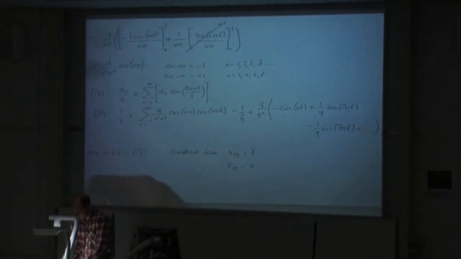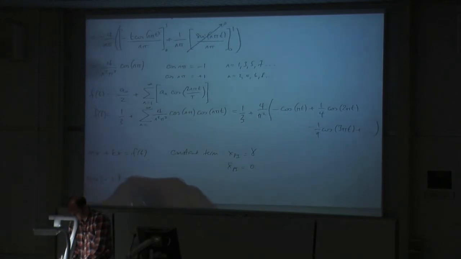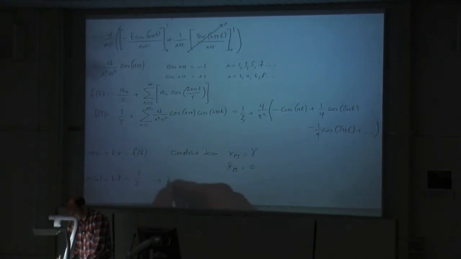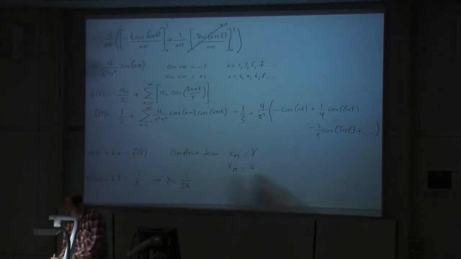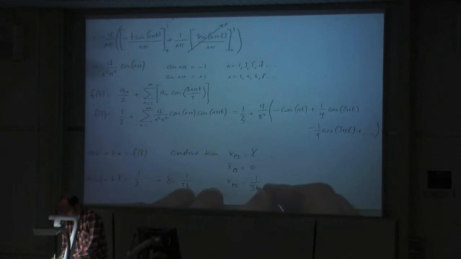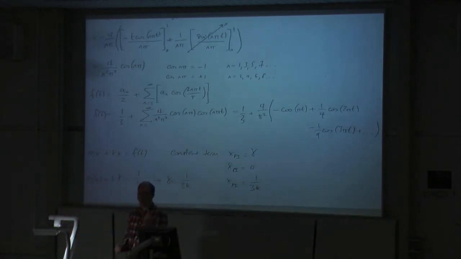So we plug that into this equation, m times 0 plus k times gamma equals our constant term, 1/3. So from that gamma must be 1 over 3k. Yeah? And so x particular must be 1 over 3k. Okay, this is x0.